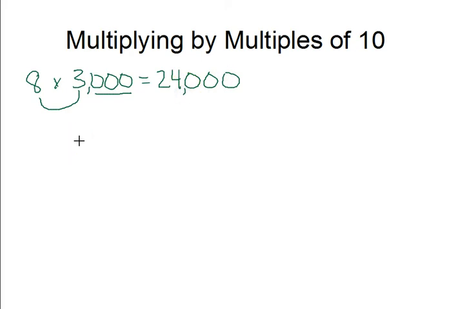All right, then this last one, 7 times 700. And this is mostly review. 7 times 7 is 49, then count the zeros, 1, 2. All right, and that is how you multiply by multiples of 10.